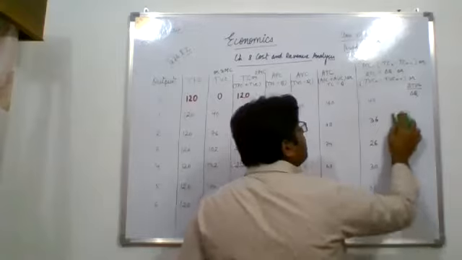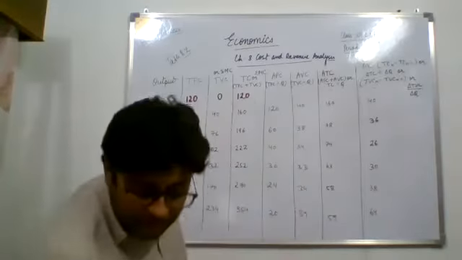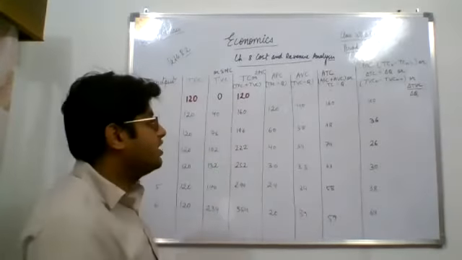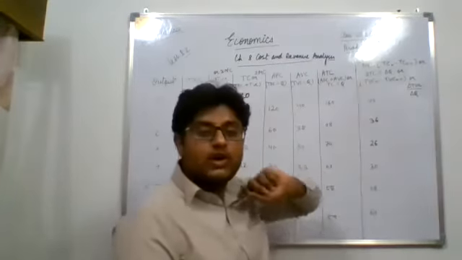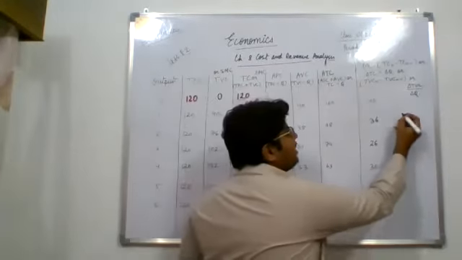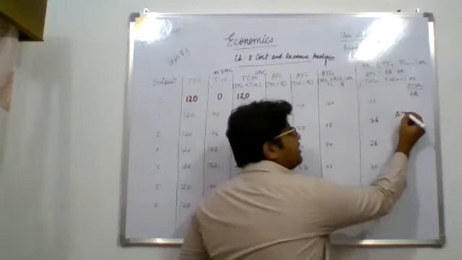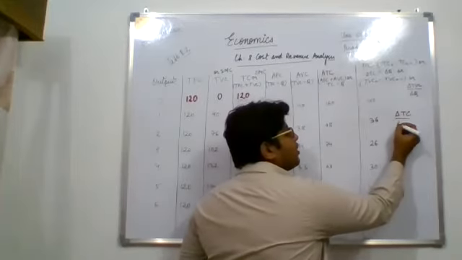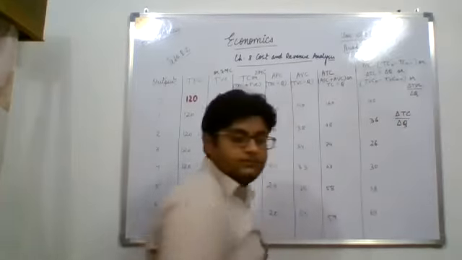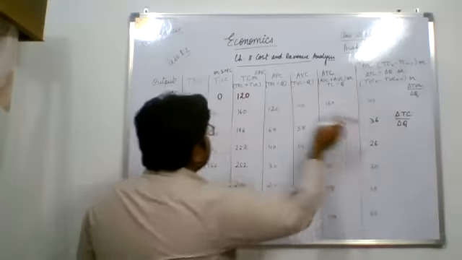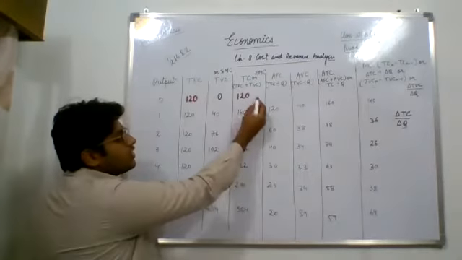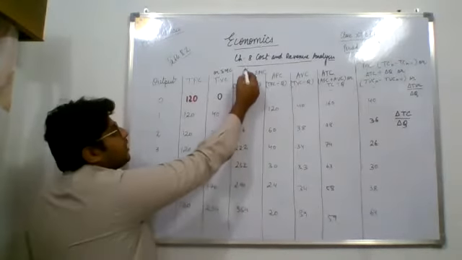Now coming to the various relationships of marginal cost with the other cost curves. First, how can we calculate marginal cost? We can calculate marginal cost by taking change in total cost upon change in output. Here your total cost has been given in the third column.